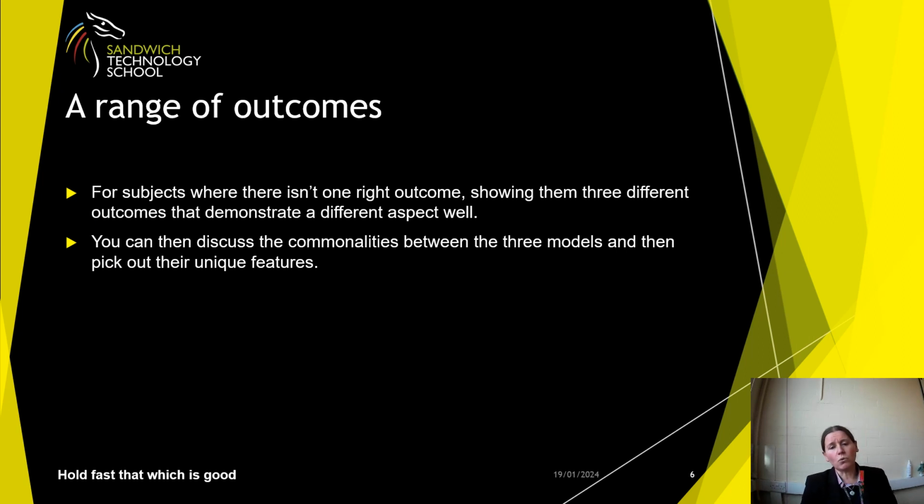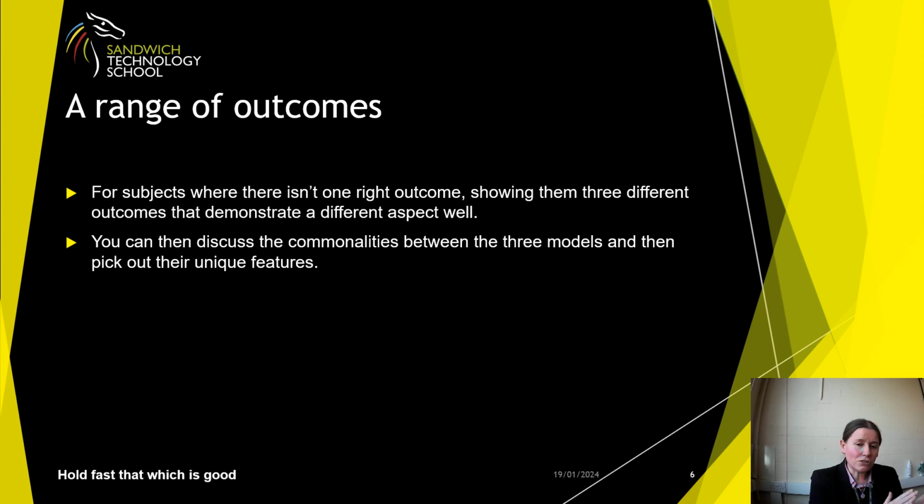And it also works in those creative subjects where there isn't actually just one correct answer here. So where there isn't just a singular outcome they could get, what we can do is we can show them three different potential outcomes. And the idea between those three different outcomes we're showing them is they're all focused around that one key concept we are delivering. I don't know, maybe in art it could be something like life drawing in charcoal.